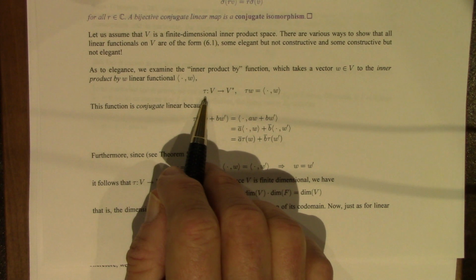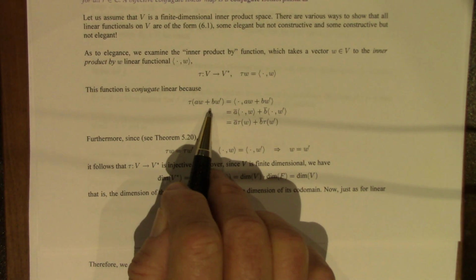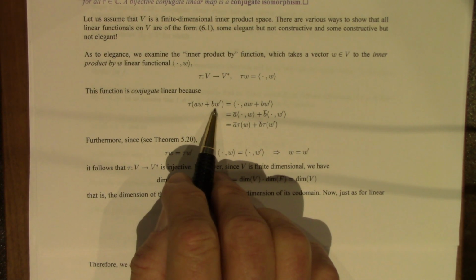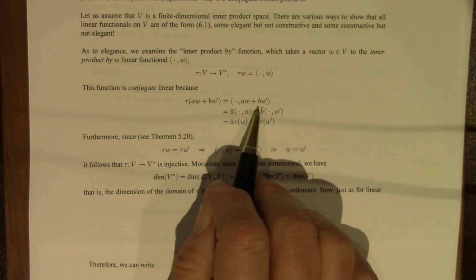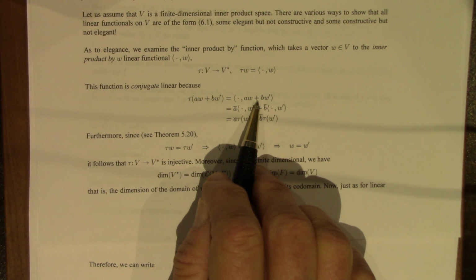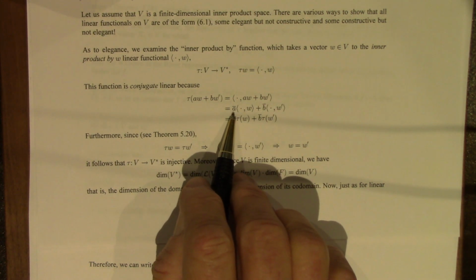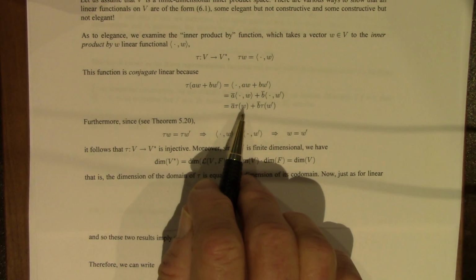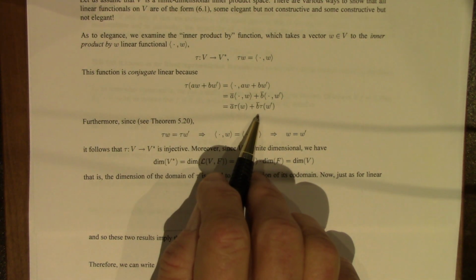This function, tau, is conjugate linear, and the proof is very simple. Tau of a linear combination is inner product by that linear combination. Now we're in the second component here, where we have conjugate linearity, so when we split this up, the scalars come out as their complex conjugates. And so that looks like this, and so this is conjugate linearity.